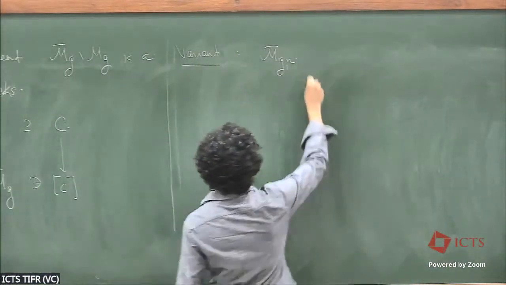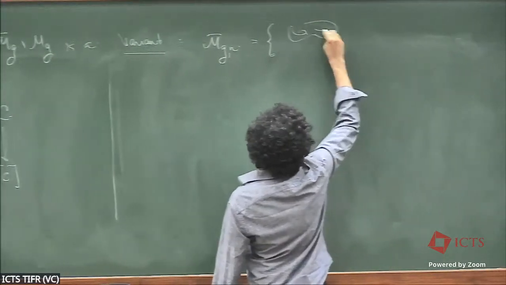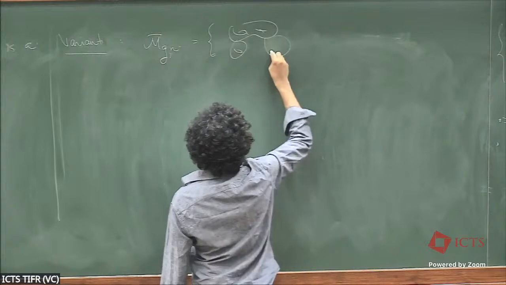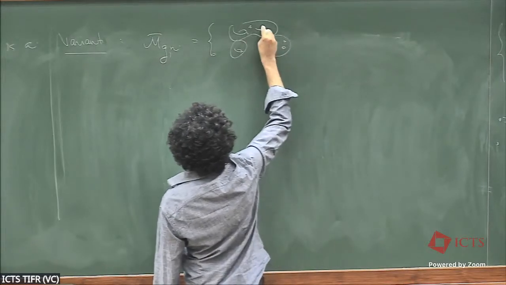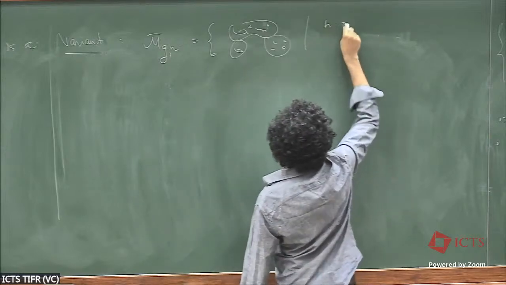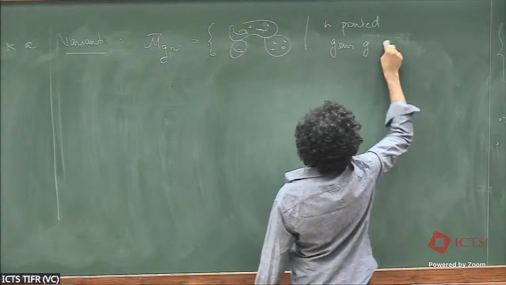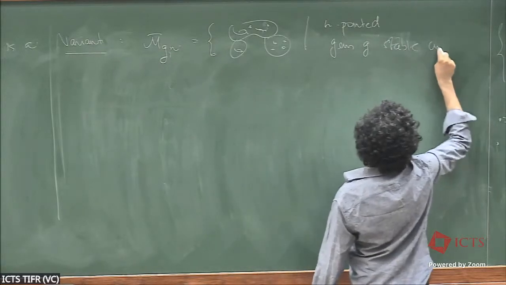So this is just the same thing, but in addition to my actual curve, I have n distinguished points: an n-pointed genus G stable curve.